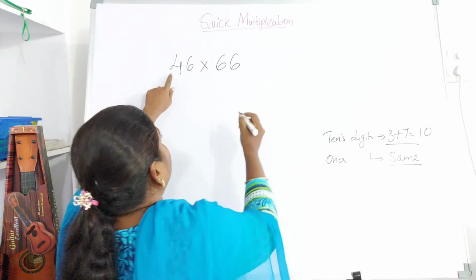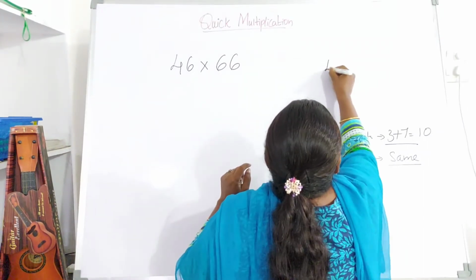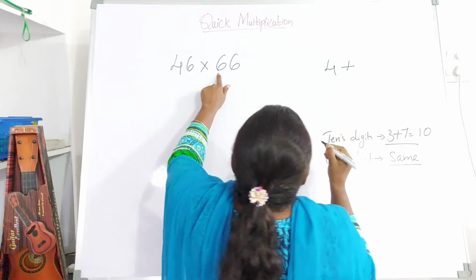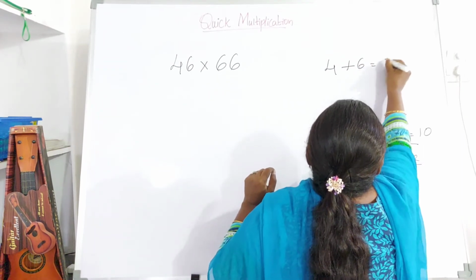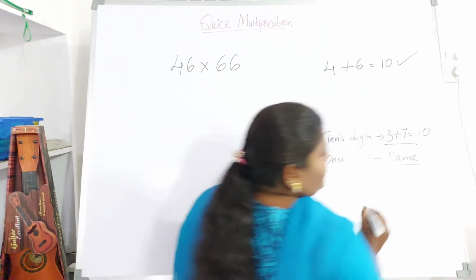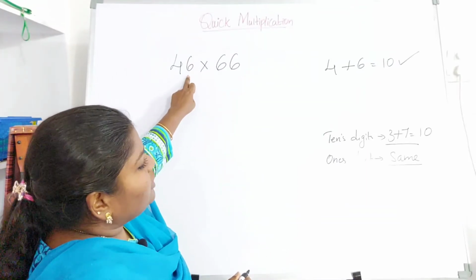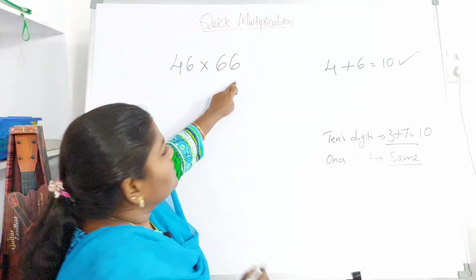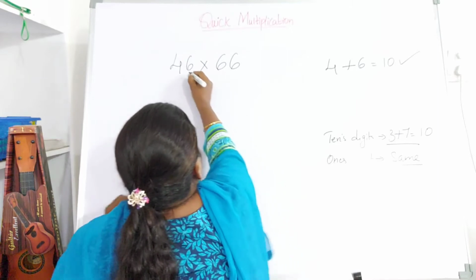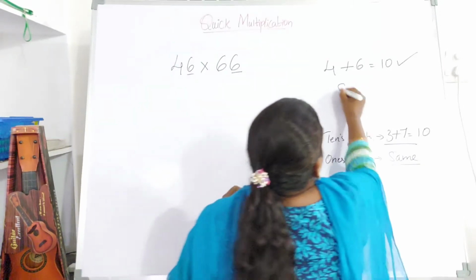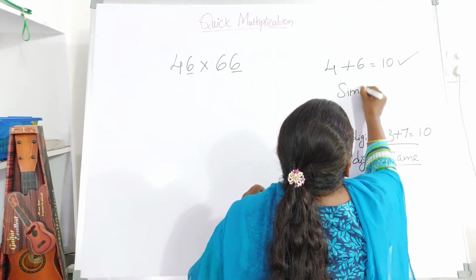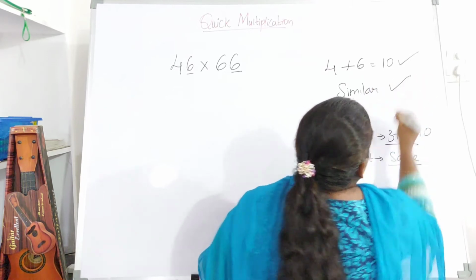So let us check: the tens digits are 4 and 6, and 4 plus 6 is 10. So the first rule is satisfied. Now what is the second rule? The ones digits should be the same. It is 6 over here and 6, so both are similar. The second rule is also satisfied.